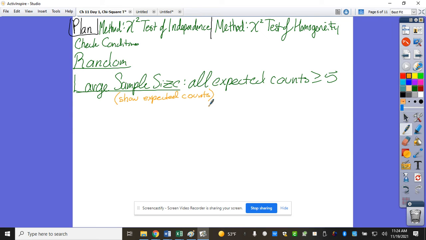What's my last condition? Independent, which is actually the 10% condition.